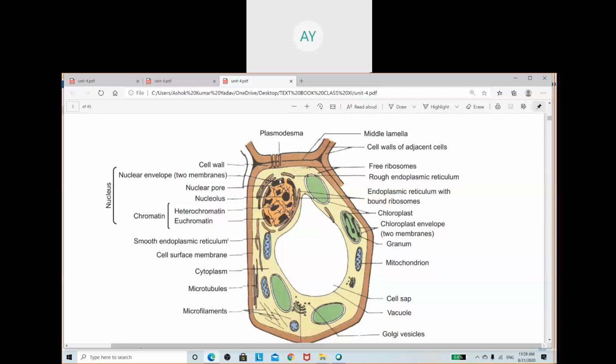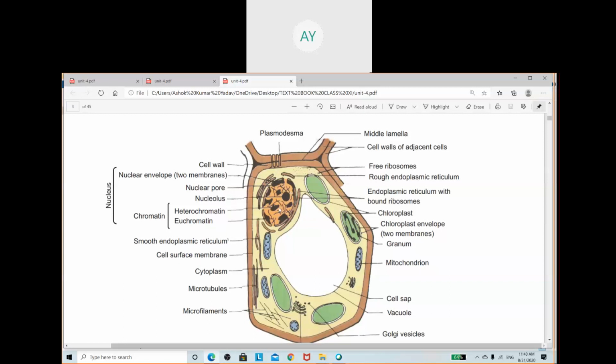So whatever liquid is present there is known as cytoplasm, and the liquid inside the nucleus is known as nucleoplasm. And the combination of both, is it clear or not? What is protoplasm? Cytoplasm liquid plus nucleoplasm liquid equals protoplasm. So please write it down, it is correct. So protoplasm includes both cytoplasm liquid plus nucleoplasm liquid.